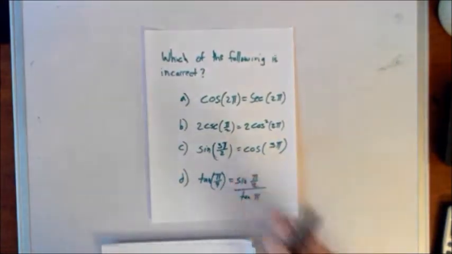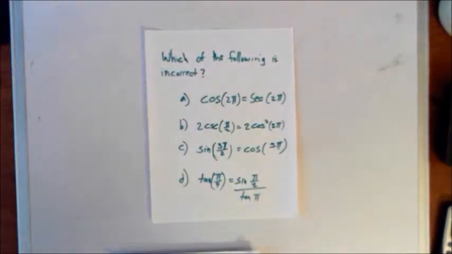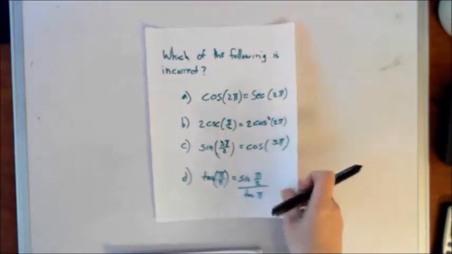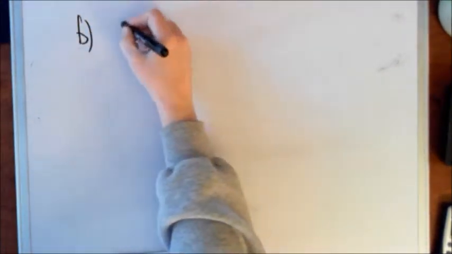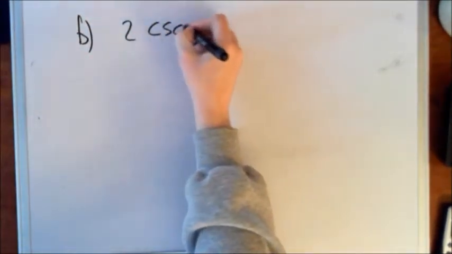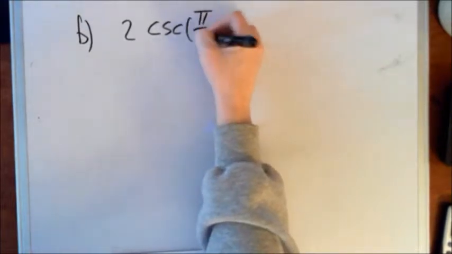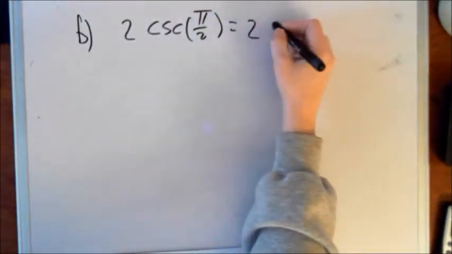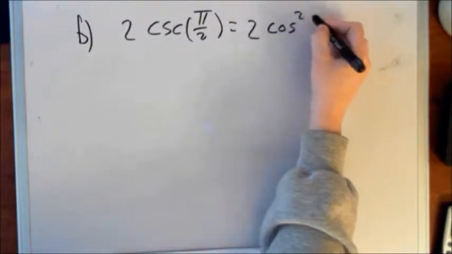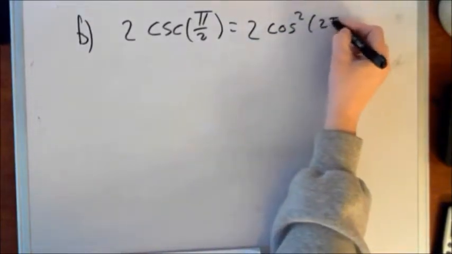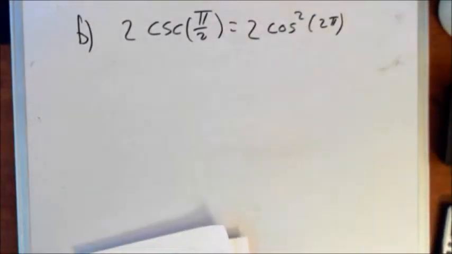So let's move on to, let's look at B. I'll rewrite what B is, and it's 2 times cosecant pi over 2 is equal to 2 times cosine squared 2 pi.